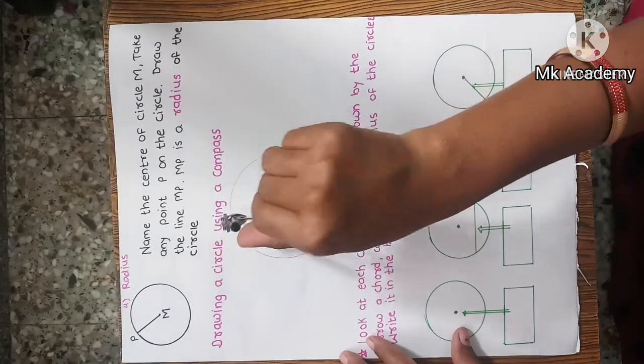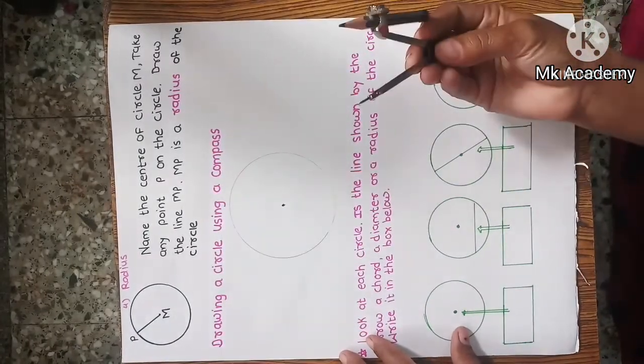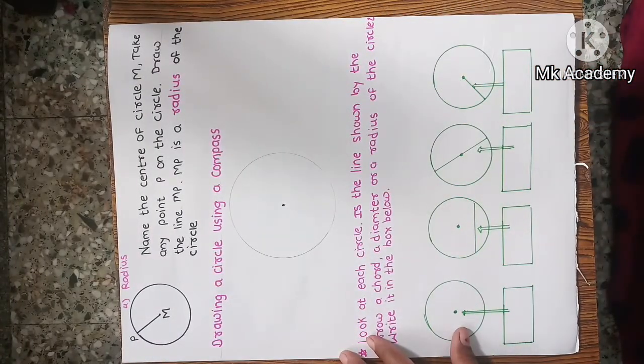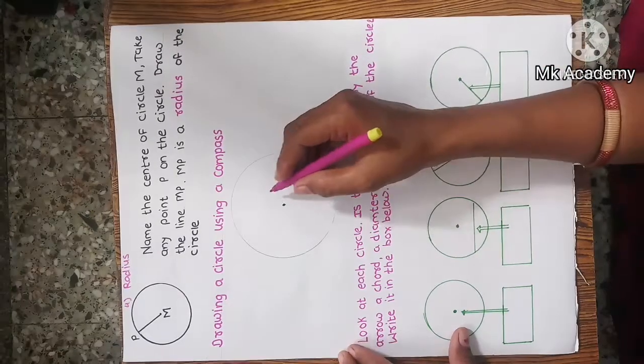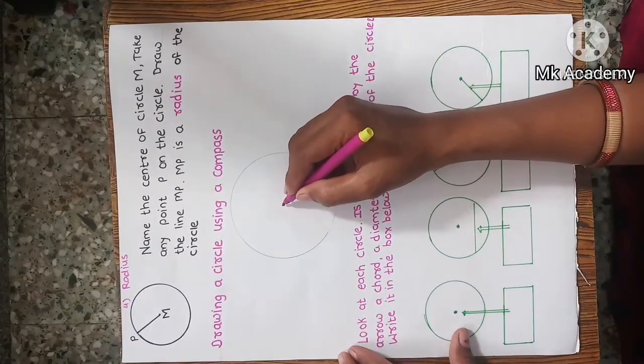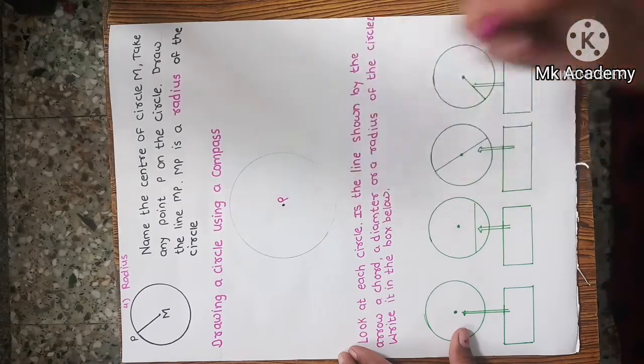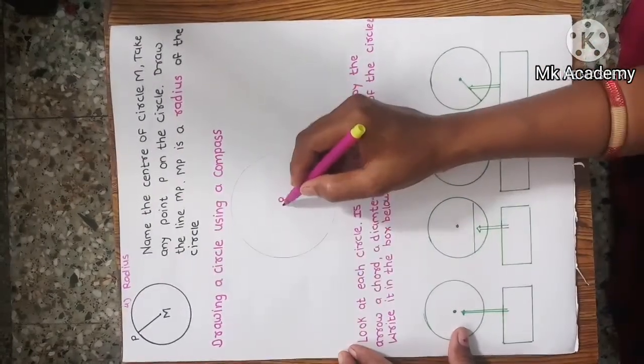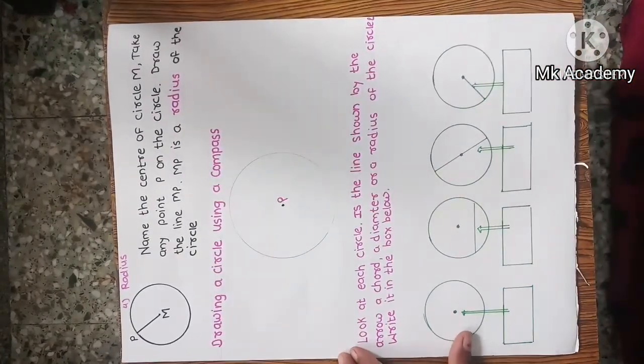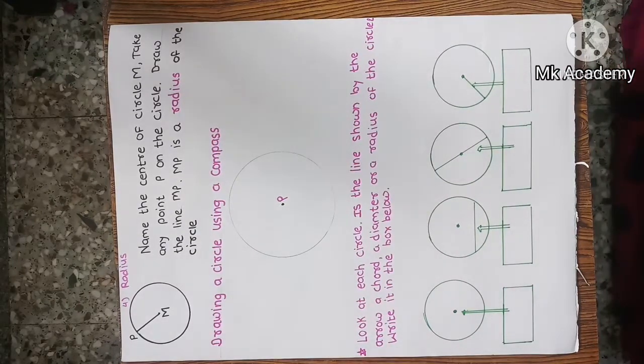Understood? It is very easy to draw a circle by using a compass. Now I have given this point the name P, the center of the circle. Here we put the metal tip. This is the center of the circle. Understood how to draw a circle by using a compass?